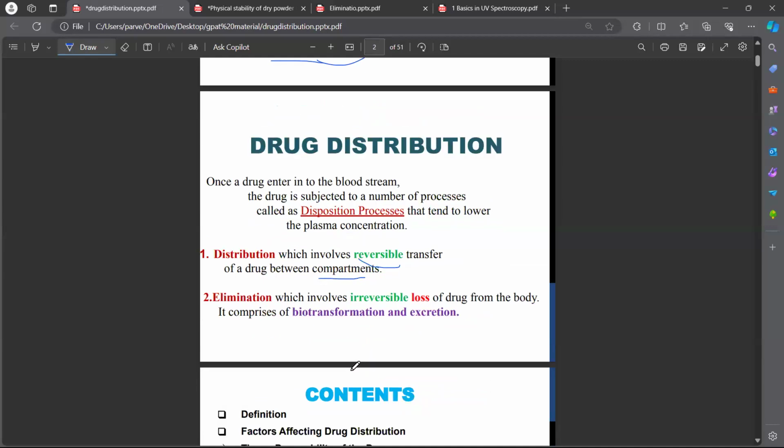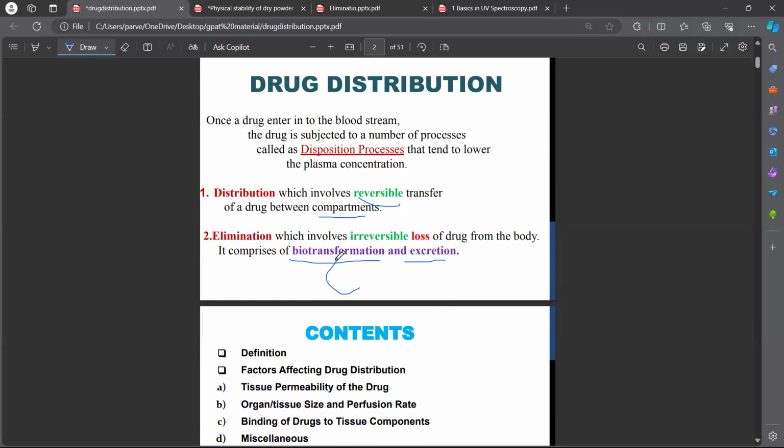Next, elimination, which is the irreversible loss of the drug from the body. While distribution is reversible, elimination is irreversible. Elimination is composed of two: biotransformation and excretion. Biotransformation, also known as metabolism, primarily occurs in the liver, and excretion mainly occurs from the kidney.